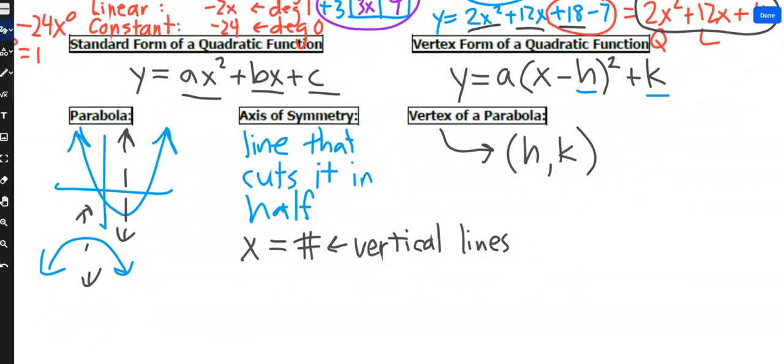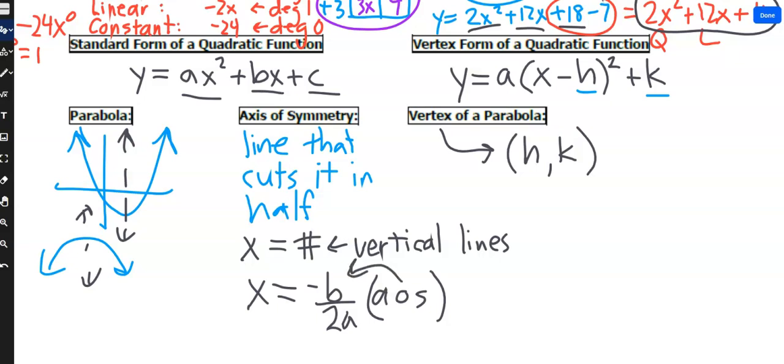Now, I can get really specific. I can go one step further, and I can tell you a shortcut for finding that. It has to do with using the a and the b value. A lot of times they will abbreviate this AOS for axis of symmetry, but the axis of symmetry is found by using this little shortcut: x equals the opposite of b over 2a. That's a b, not a 6.